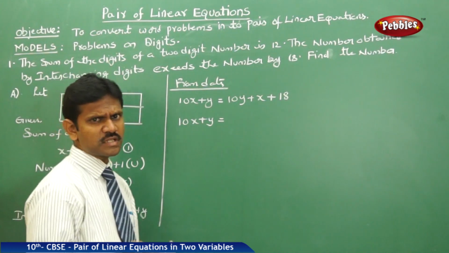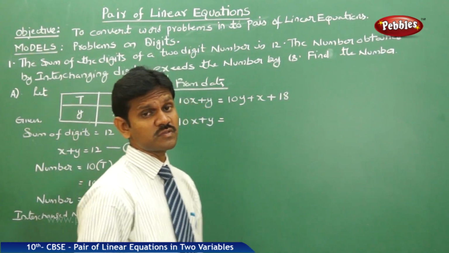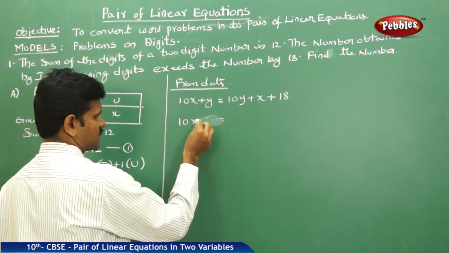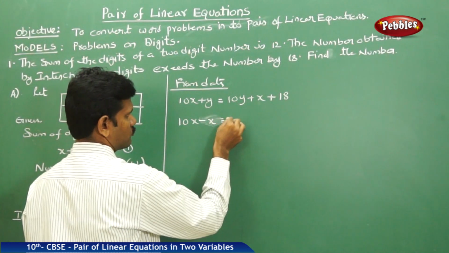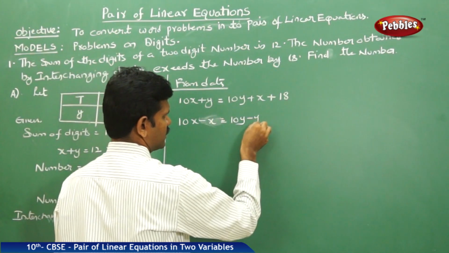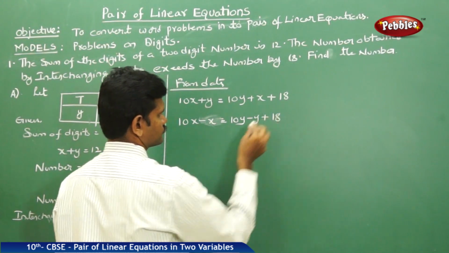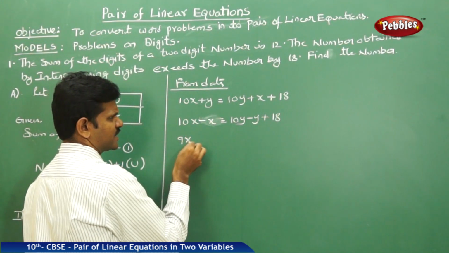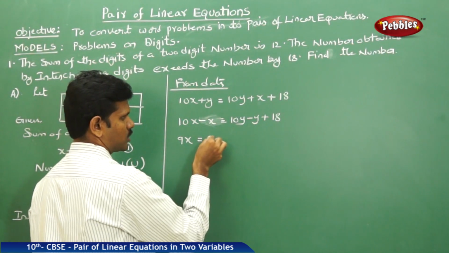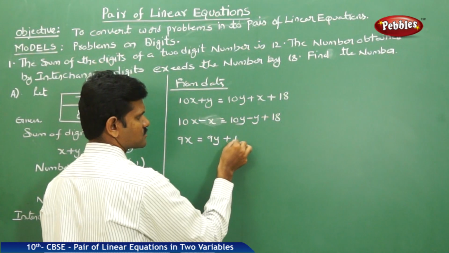Now in this step, bring the like terms to one side. That is 10x minus x is equal to 10y minus y plus 18, that is 9x is equal to 9y plus 18.